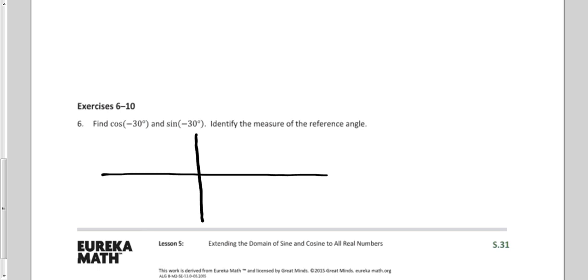So, I'm going to do this with my unit circle real quick. And then I do my ray. I go 30 degrees this way, I'm right about there, right? What is my reference angle? Do we remember what the definition of a reference angle is?